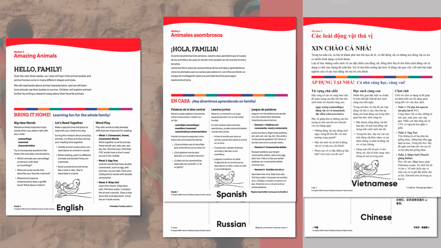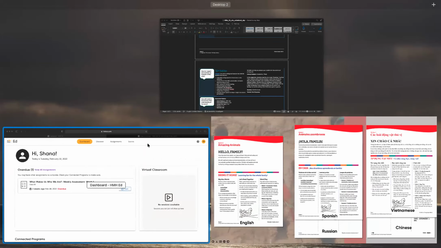As it relates to helping your students at home, I'd like to point out that with Into Reading, your child will have a mix of print and digital resources. The digital resources are housed in their student account on our online learning platform, Ed. Let's take a look at this account so that you can see the materials that your child can access online, either in school or at home.